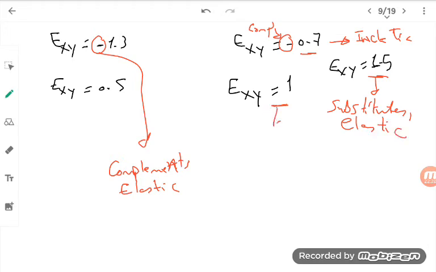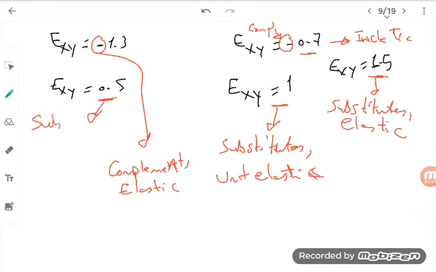Positive 1, the two products are substitutes, and the demand is unit elastic. Positive 0.5 means that the two products are substitutes. 0.5 is less than 1, so the demand is inelastic.